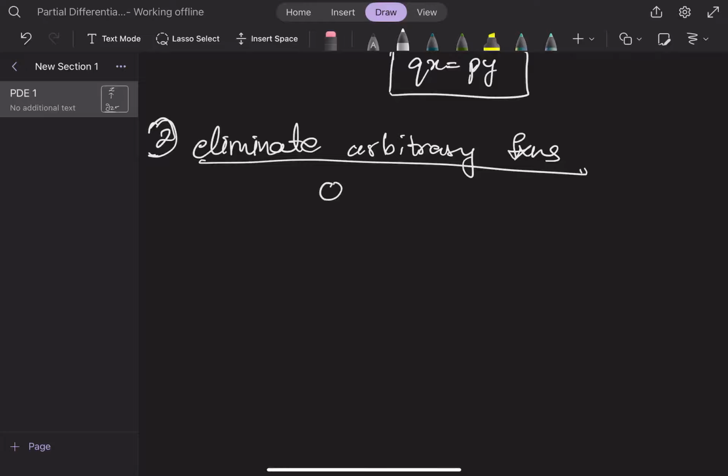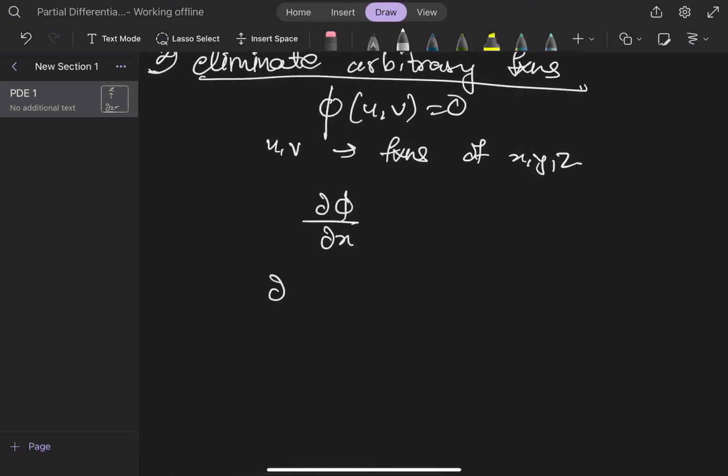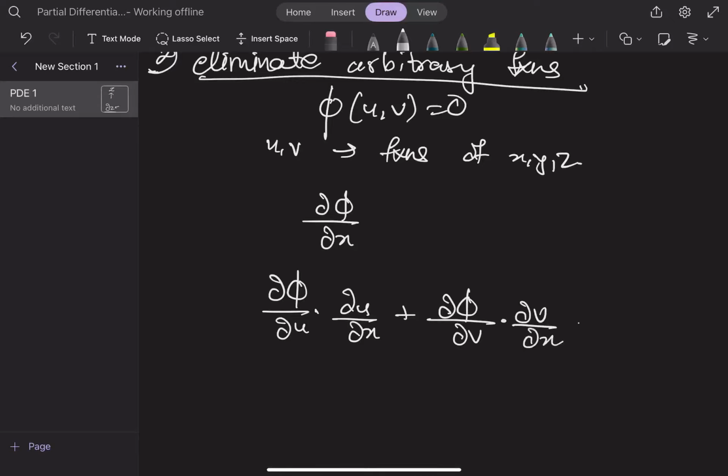So for example, you are given a function phi of u comma v is equal to 0. Here u and v are functions of x, y, z. So if you differentiate this with respect to x, you get del phi by del x, which you can write as del phi by del u times del u by del x plus del phi by del v times del v by del x is equal to 0.